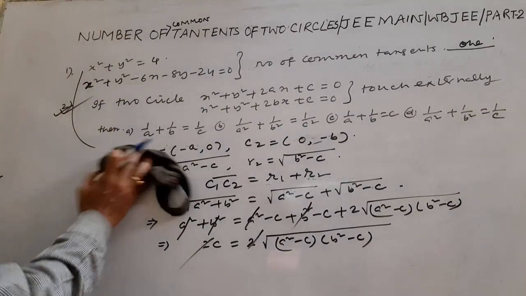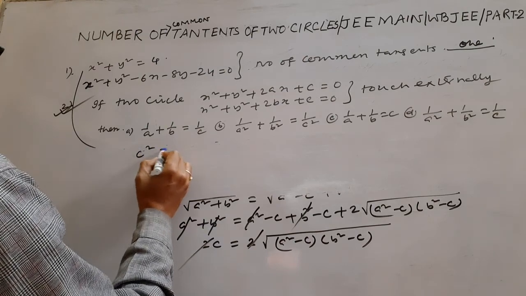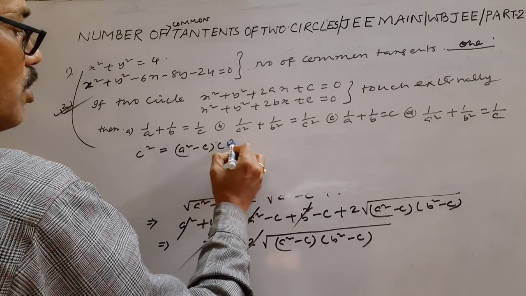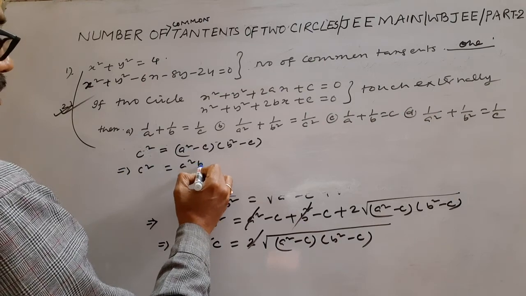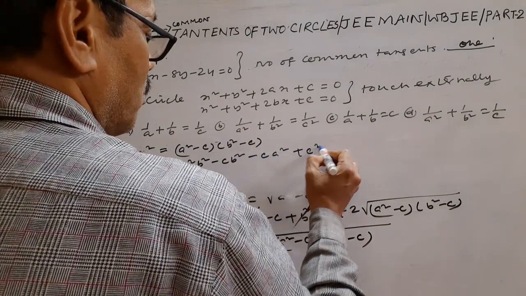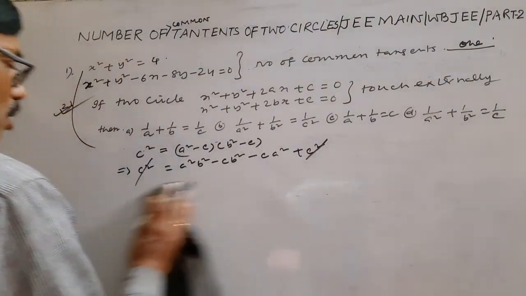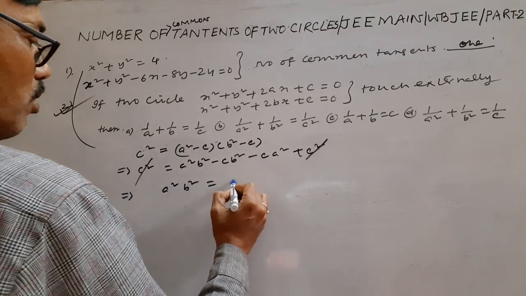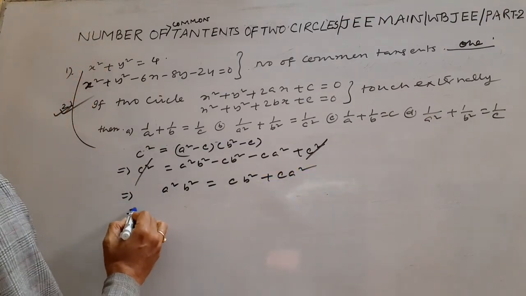Now take the square again. This is c square equals a square minus c times b square minus c. So c square equals a square b square minus c b square minus c a square plus c square. So finally, a square b square equals c b square plus c a square.